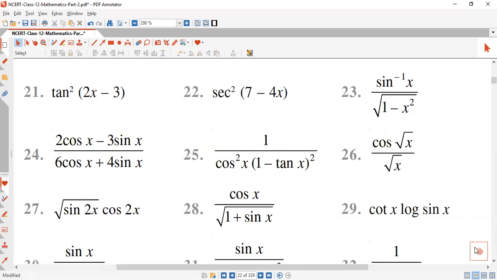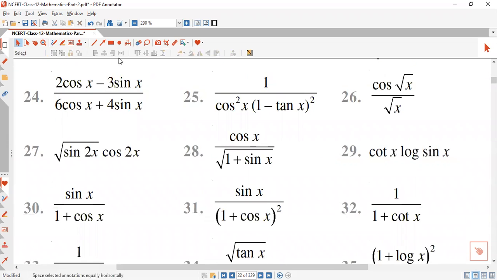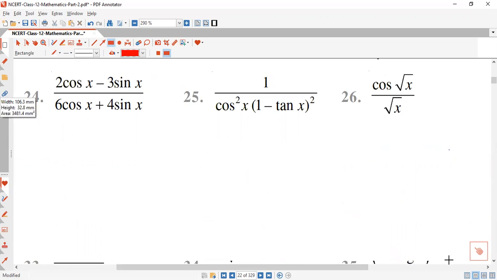Now, question number 24. This one we want to do the integration. This is the function of cos and sine. In the denominator, if we take it as t, I think the numerator will be cancelled out. Let's see how.